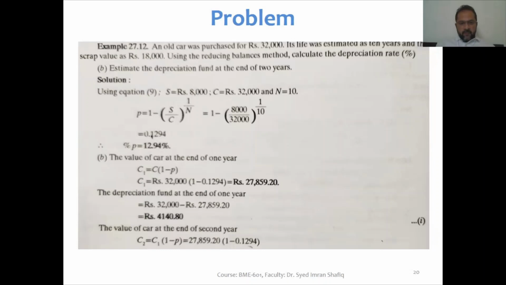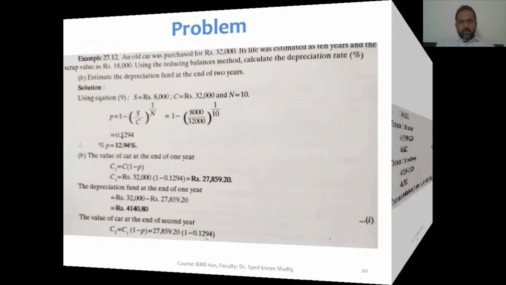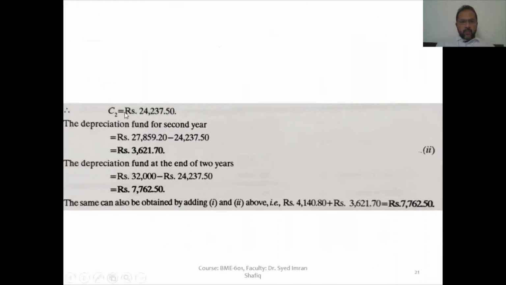Similarly, the value of the car at the end of the second year will be C2. It is now calculated on C1, the value of the car after the first year, not the original value as we were calculating in the straight line method. So C2 comes out to be 24,237.50.